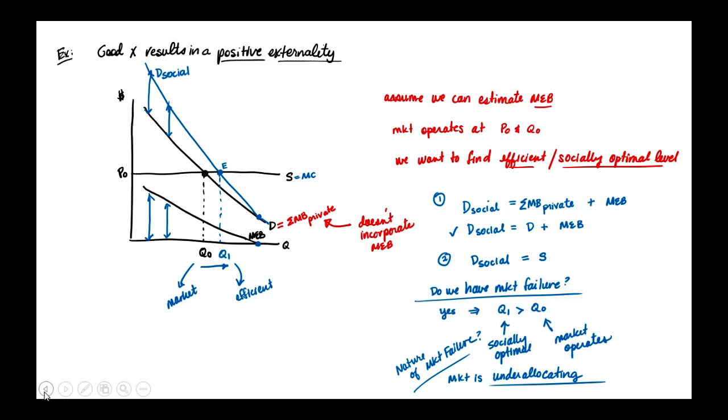Now what if I ask you to explain intuitively why it's happening? What's causing this? Do I want you to say, well, Q0's there and Q1's here, and is that what I'm asking? Intuitively, what is causing this?